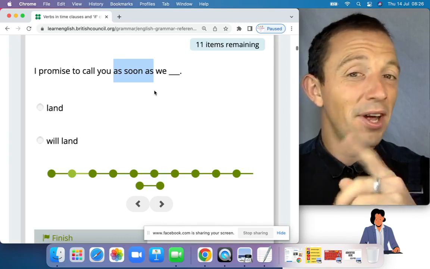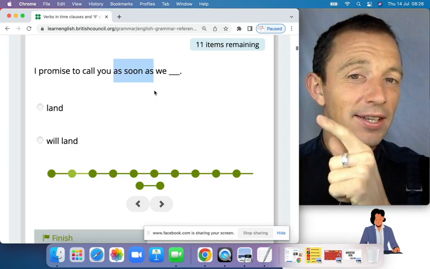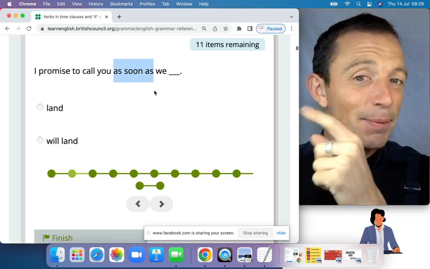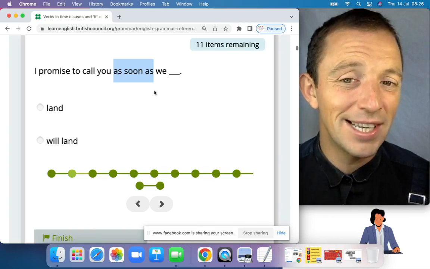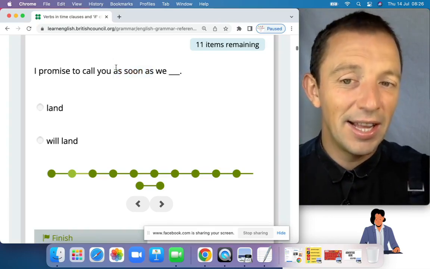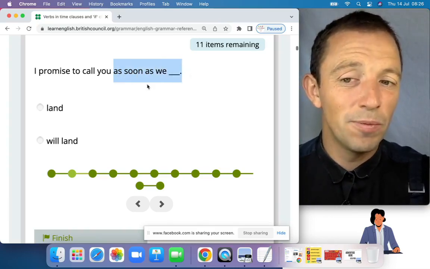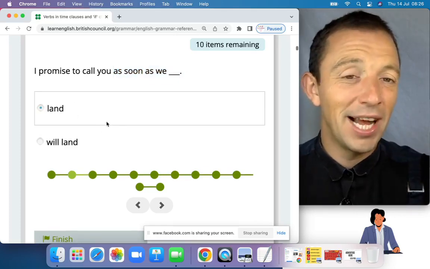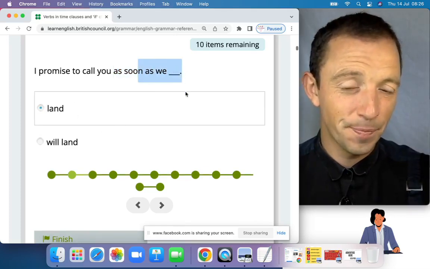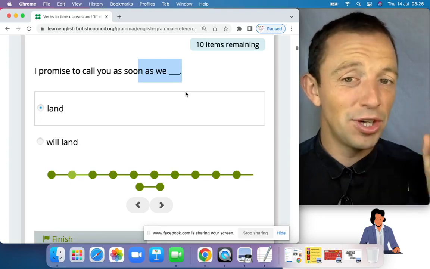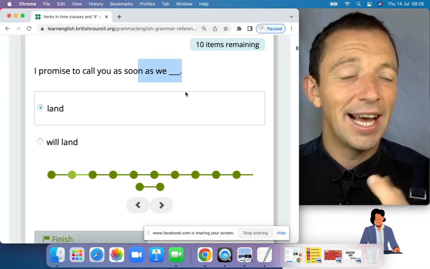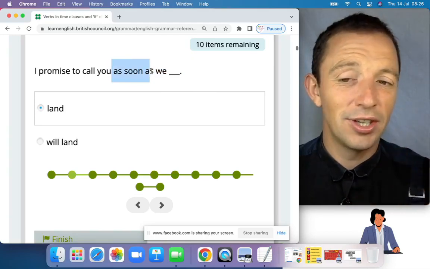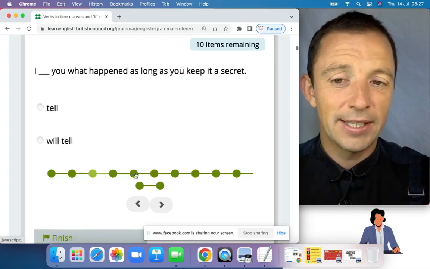So we have a lot of time clauses: when, until, but we have not seen this particular time clause, but I think this represents a time clause, and therefore it's the same rule, and the verb is to land. When we land, that's correct. So you are speaking about the future, but you're using the present tense, and this is possible in the time clause in English. Okay, next.